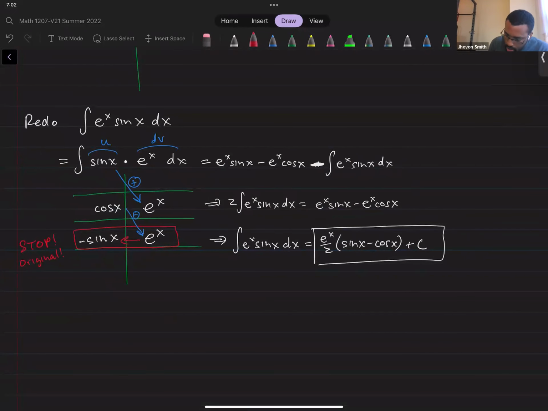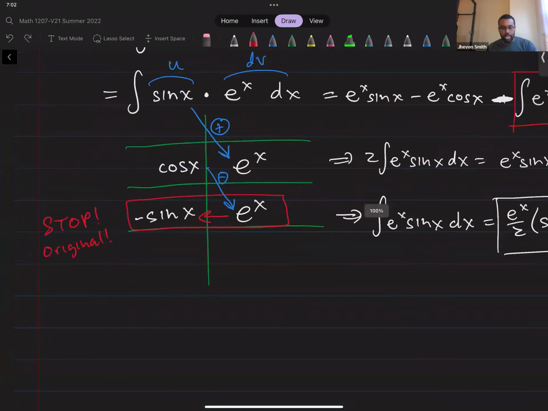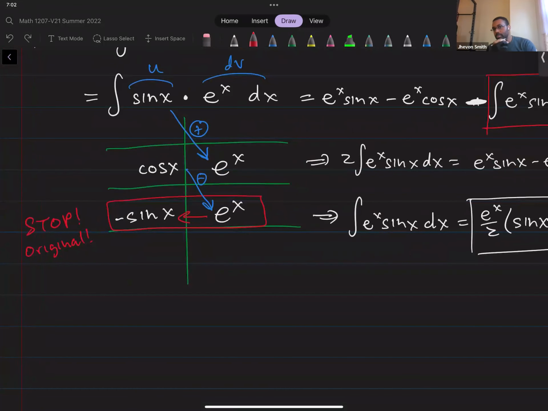Okay, so you can just stop when you see the original. In fact, this here is a constant times, a multiple of the original because of that minus sign. But again, it's a multiple. So we just stop when there's a multiple of the original.